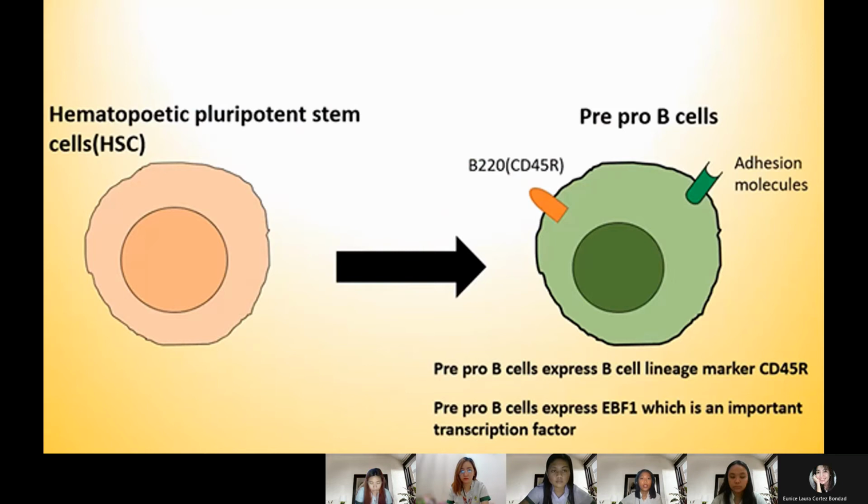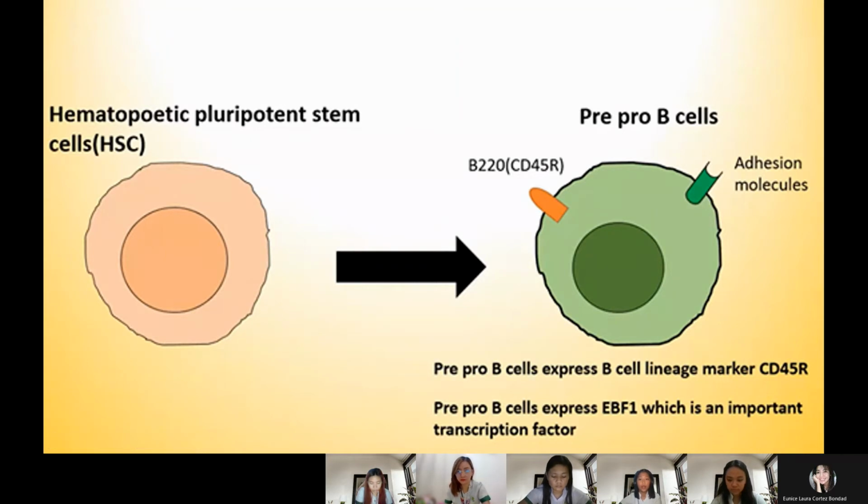Now, inside the endosteal niche, there are hematopoietic pluripotent stem cells. And the hematopoietic stem cells can give rise to lymphoid progenitor cells, which is not shown here. Ultimately, this lymphoid progenitor would give rise to a pre-pro B cell, which is a totally immature stage of a B cell.